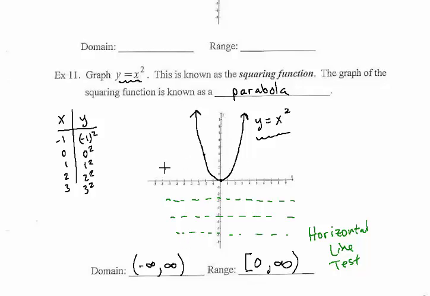But once you break above the x-axis, we start to hit it. And sometimes we hit it twice. So, what kind of outputs can we expect from a squaring function? We can expect any value from 0 to infinity for this specific example, y equals x squared.